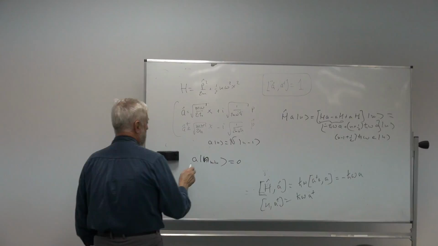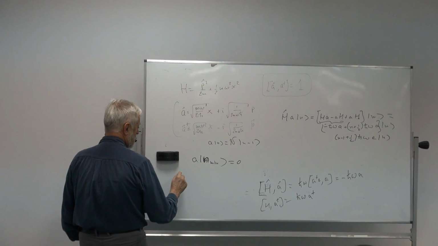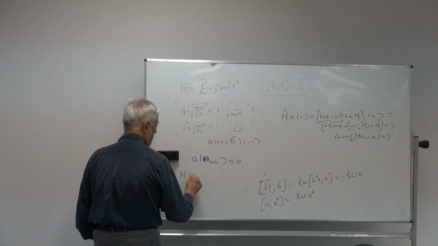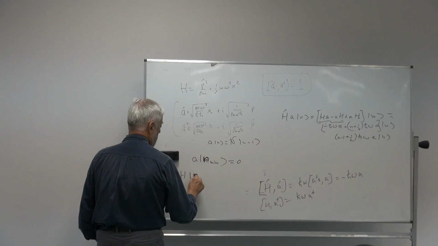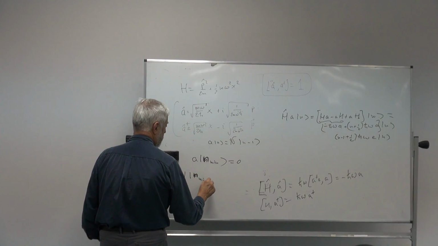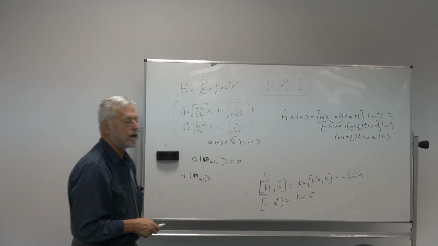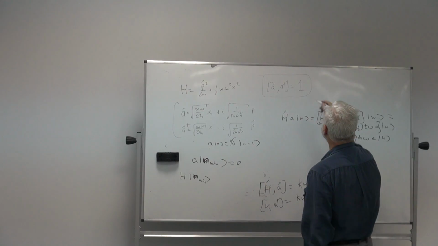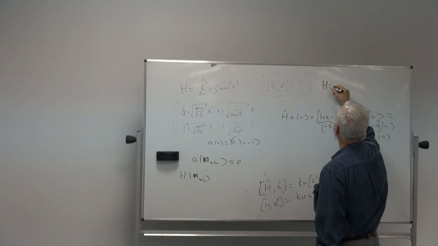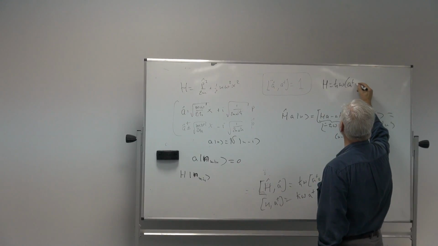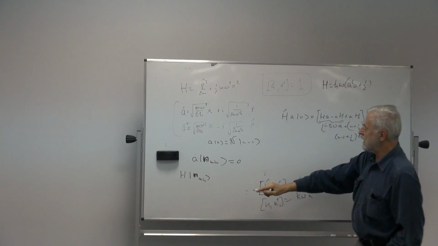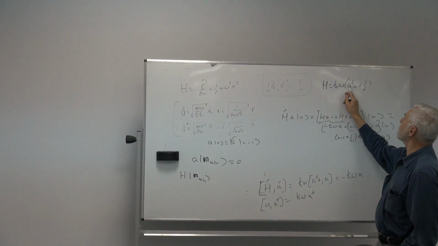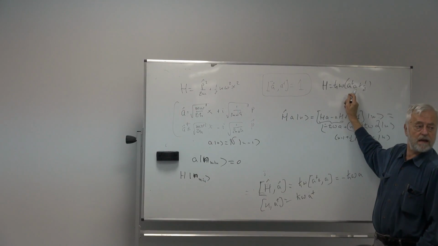So let's take this state of minimal energy and act on it with the Hamiltonian. The Hamiltonian was h bar omega times A dagger A plus a half. Due to the property of n minimum, the first term now vanishes, because A hits n minimum.